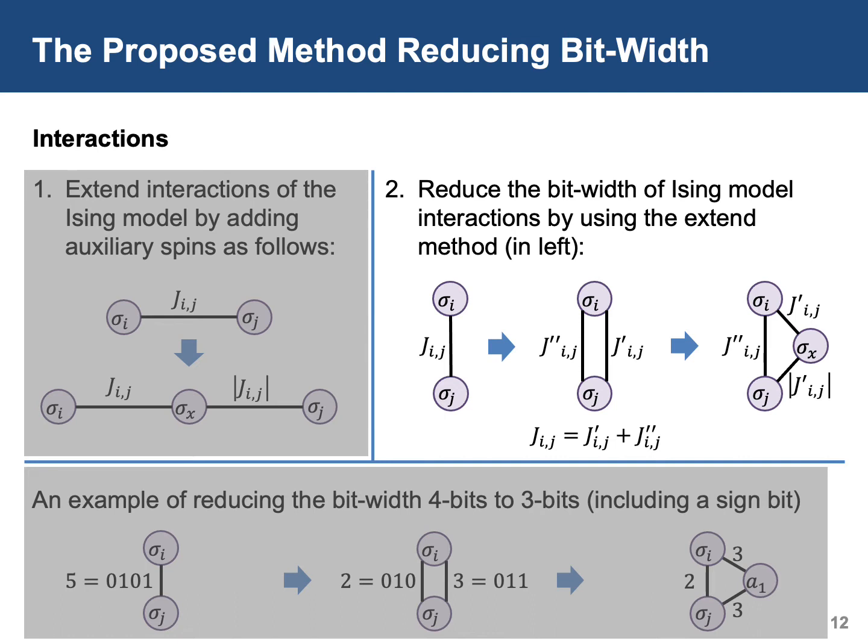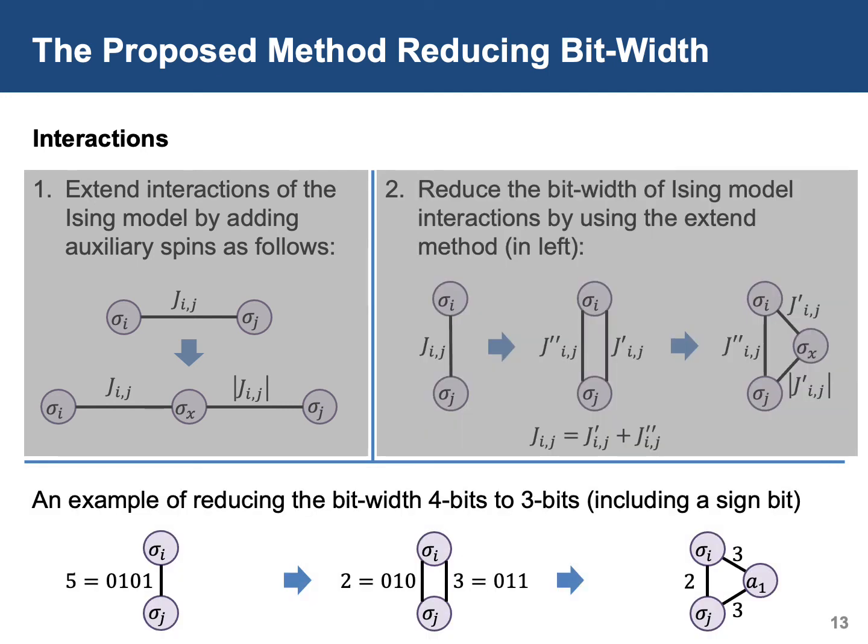Next, we add an extra spin to the interaction of one of the 2 parts and extend the interaction. By doing this, we can reduce the interaction bit width. An example is shown in the figure below. In the example, the 4-bit interaction coefficient is reduced to 3 bits.